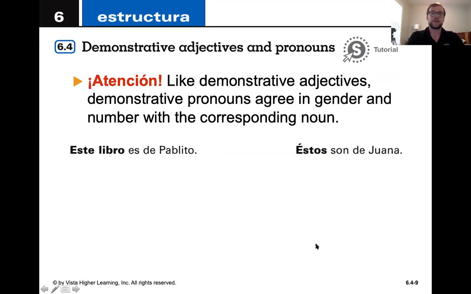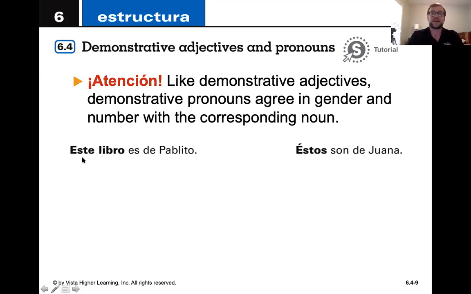Muy bien. Now, like demonstrative adjectives, demonstrative pronouns agree in gender and number with the corresponding noun because they're essentially just functioning as an adjective, and you're gendering that noun. What we're doing is replacing this noun with our pronoun. So, este libro es de Pablito.